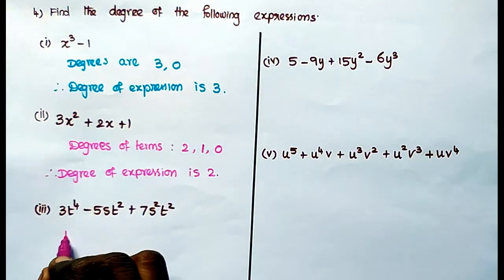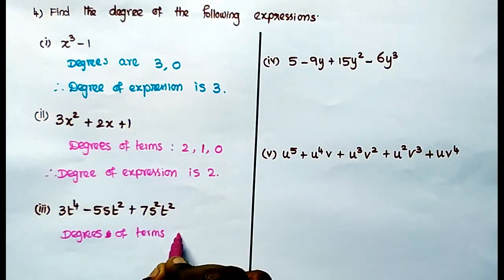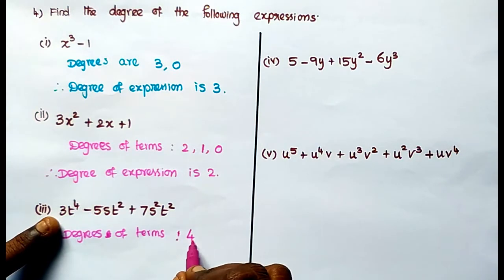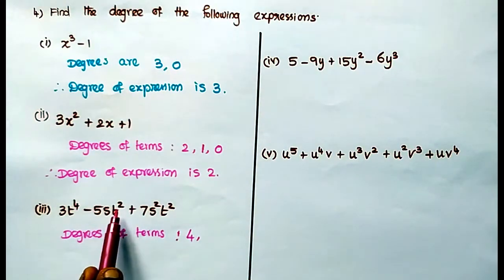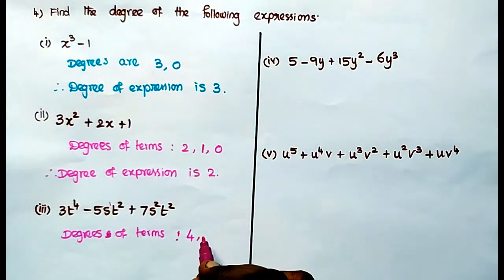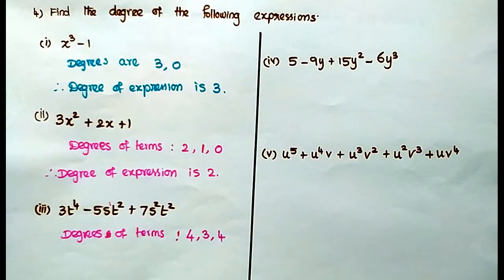Next one, degrees of terms. Listen, first term 4, second term here 1, here 2. So, 1 plus 2, 3. Next one, here 2, 2. So, 2 plus 2, 4. So, which one is the highest power? 4 is the highest power. So, that is the degree of the expression.